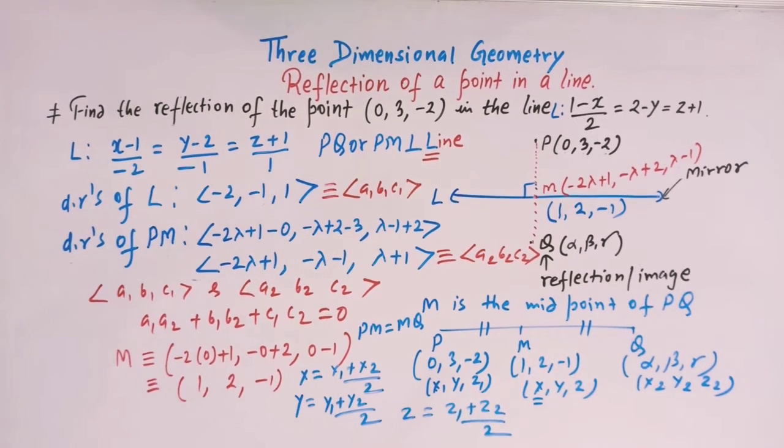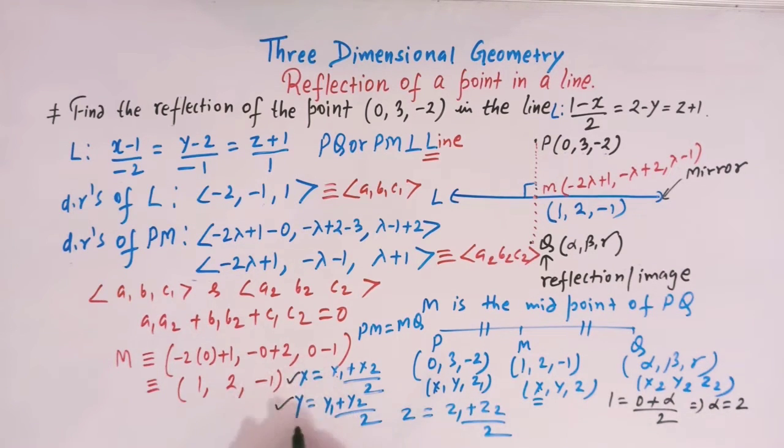Now we make use of this equation. So x is 1, x1 is 0, and x2 is alpha, over 2, and if we solve it, alpha is 2.